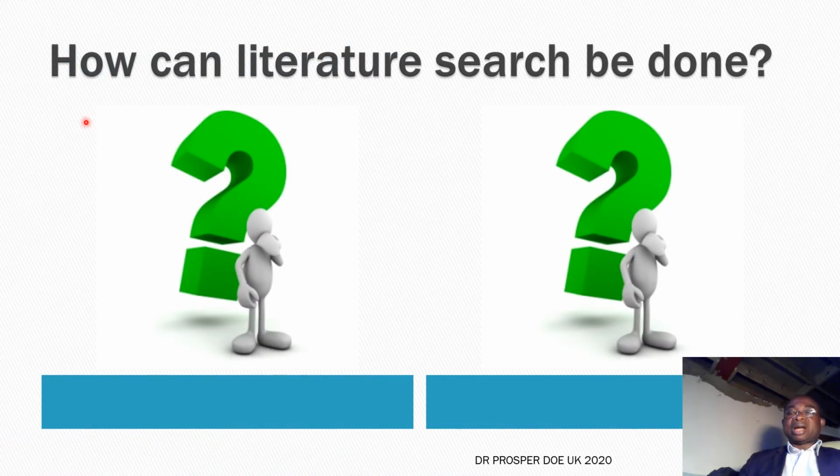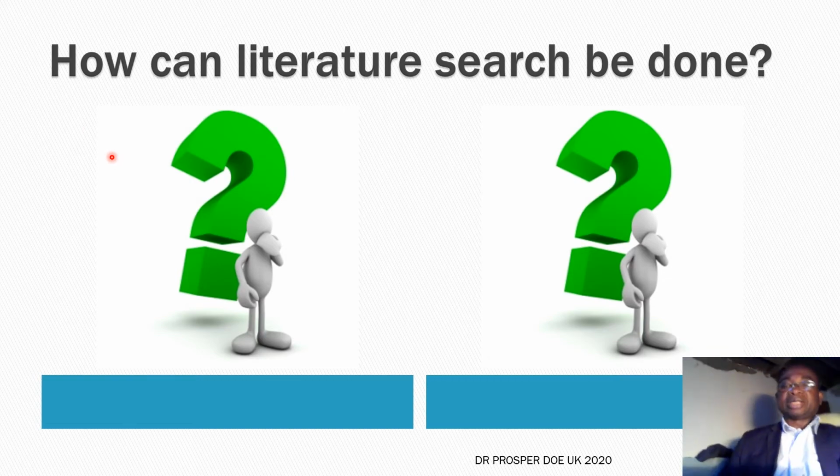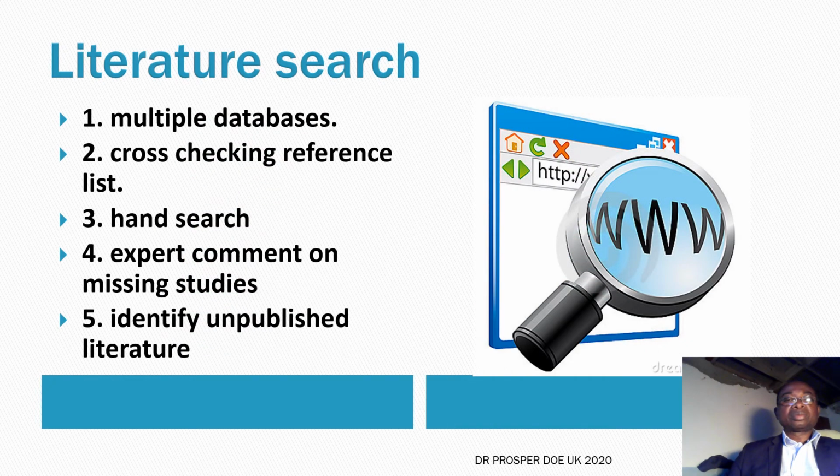How can a literature search be done in a systematic review? By searching multiple databases, cross-checking reference lists, hand searching, getting expert comments on missing studies, and identifying unpublished literature.